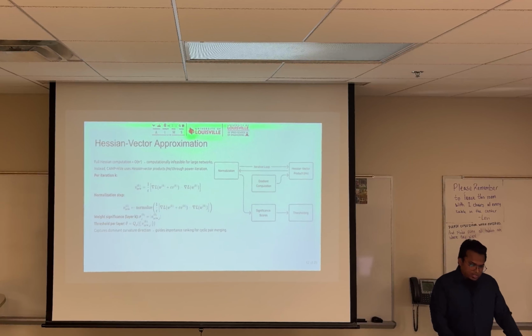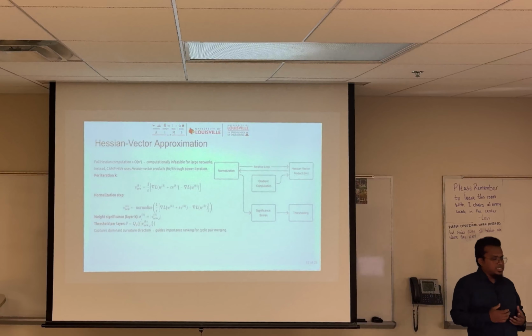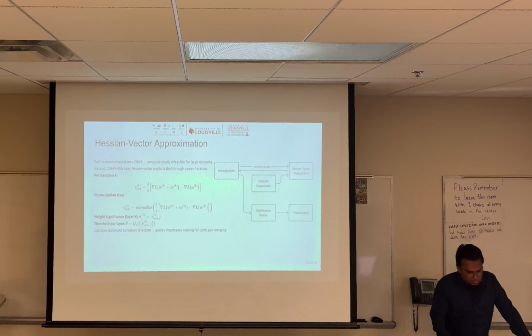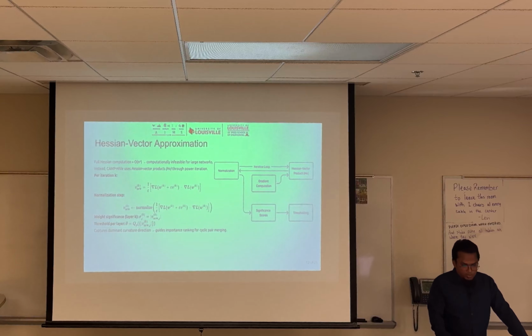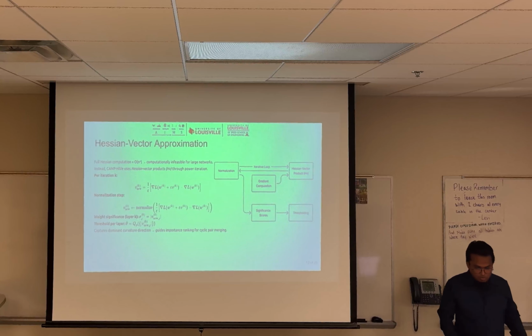Now, the Hessian H is an n by n matrix, where n is the number of weights. As I said, these weights can be millions and billions in today's deep learning networks. So storing or multiplying by H would cost O(n squared) time and memory, which is completely infeasible.